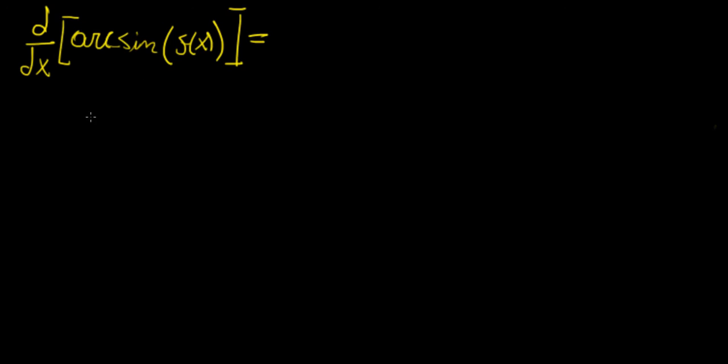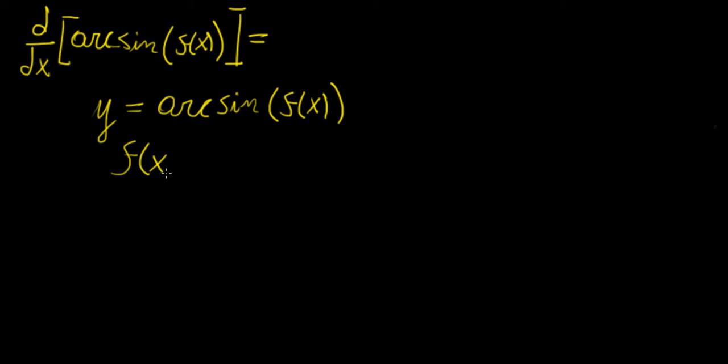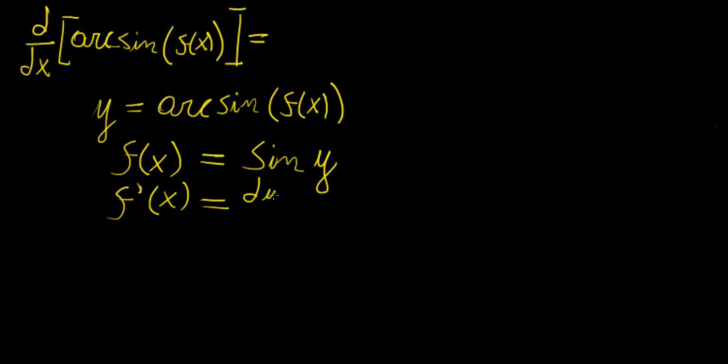Well, if we write this as y equals arc sine f of x and we try to get the inverse function of this, so let's have f of x equals sine y. Then we apply the derivatives to both, so that's going to be f prime of x equals dy over dx cosine of y.